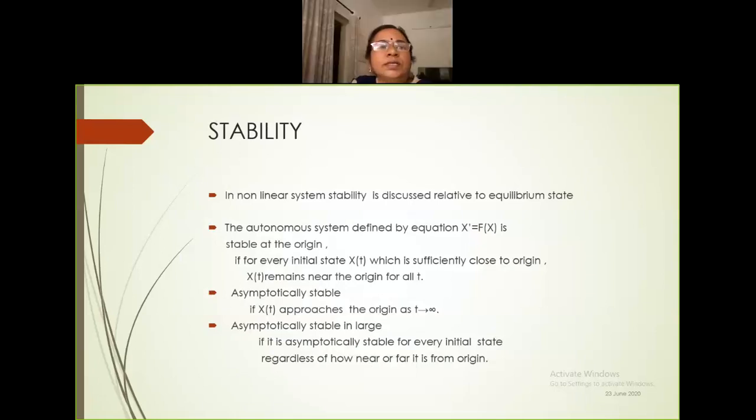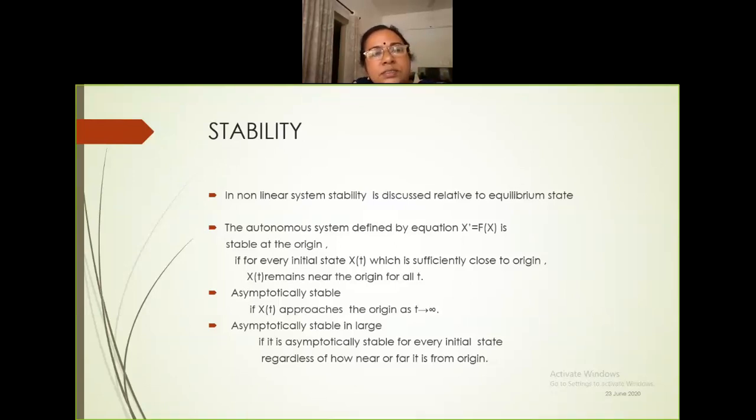Then comes stability. This definition is also very important as far as stability of a nonlinear system is concerned. We have studied so many linear systems, but now you are dealing with a nonlinear system.